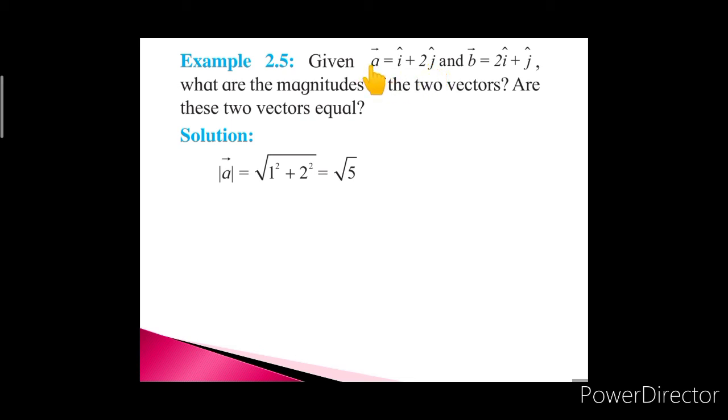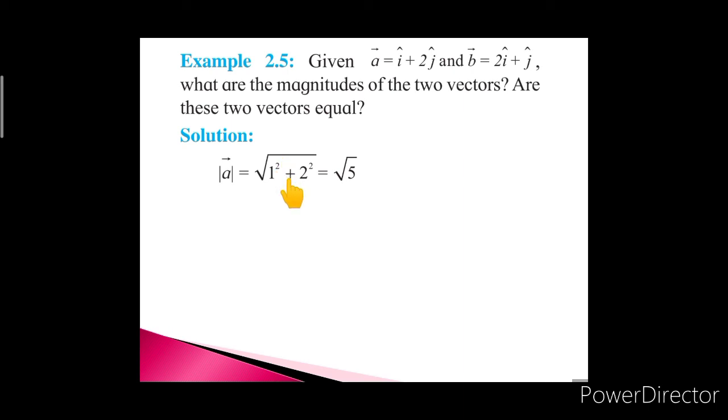So first of all we write the modulus of vector A. Modulus of vector A is equal to the square root of the square of the magnitude along the x-axis. Here as it is 1, we write 1 square.